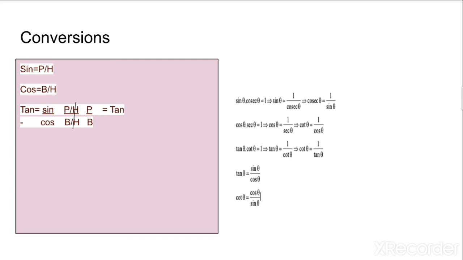The easy names, both in English and Hindi, are known to you, so you can find that sine is p by h, cos is b by h, and tan is p by b. Now when you know these three, the reverse of sine is cosec, that is h by p. The reverse of cos is sec, and the reverse of tan is cot.